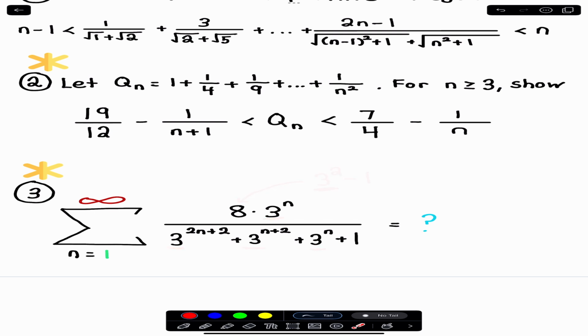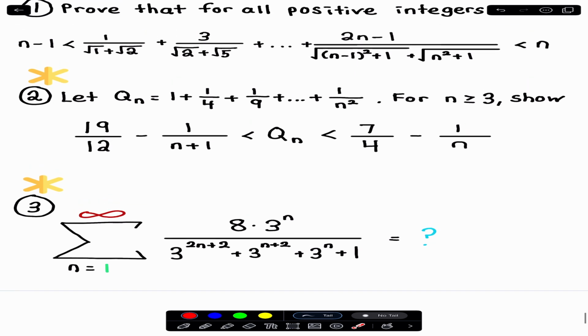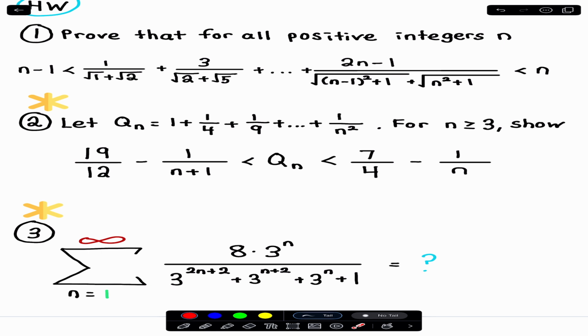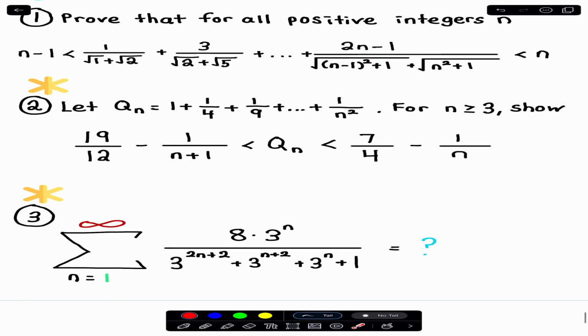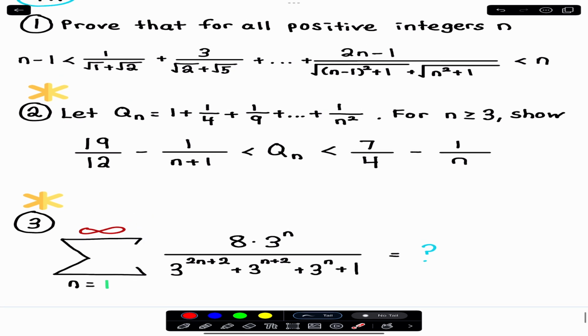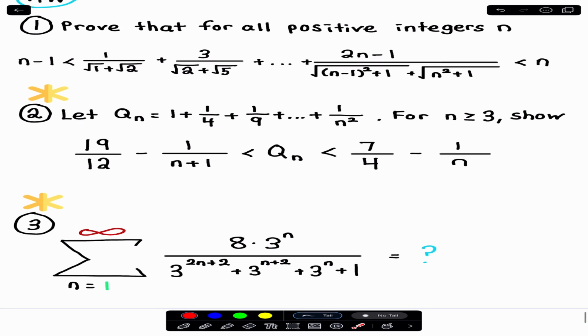So we got to introduce a 3 somehow, because this 8 is standing out for just being very, very awkward. So yes, that's my big hint. 8 equals 9 minus 1, which is the same as 3 squared minus 1. And this time you're summing from n equals 1 to n equals infinity, but don't be too intimidated by this infinity. I think as you work through this problem, you'll see that it's actually very nice that it's infinity.